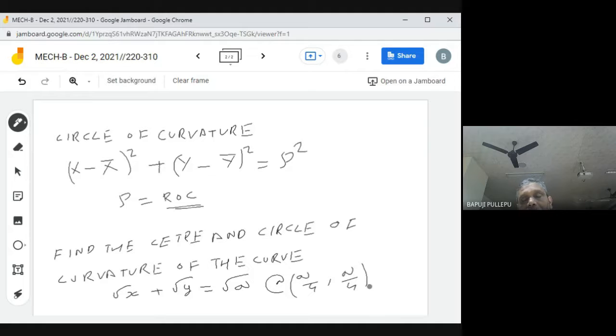First you find the center x bar, y bar. Then for the circle of curvature, check that it satisfies the equation (x minus x bar) whole square plus (y minus y bar) whole square equals rho square. Correct? Come on, do it.